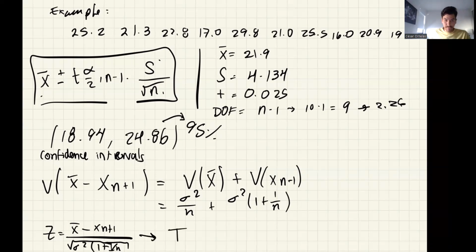So the t, that we already know, is going to be the mean of x minus x n plus 1 over the square root of s, 1 plus 1 over n.